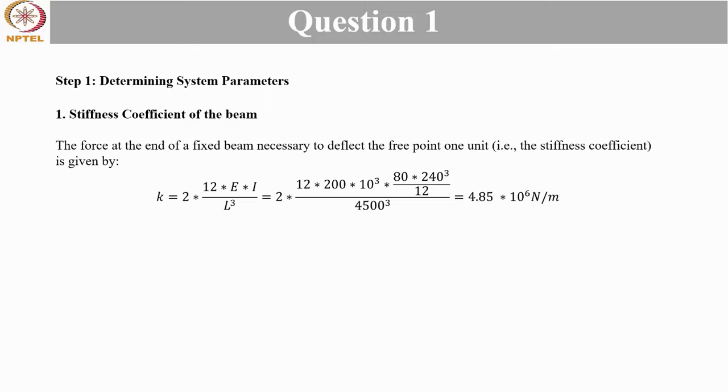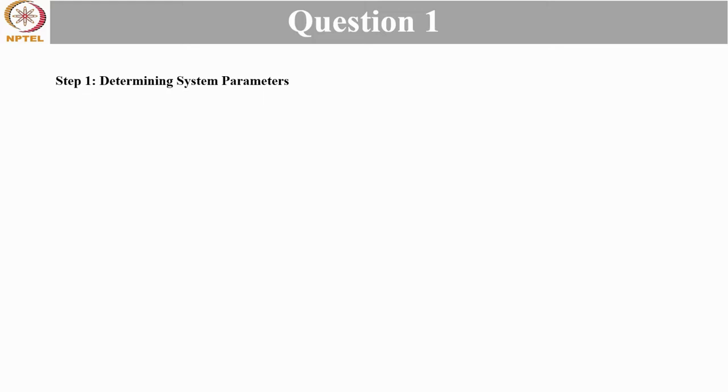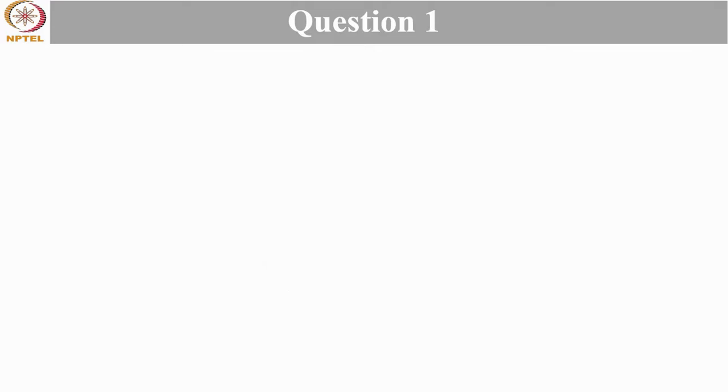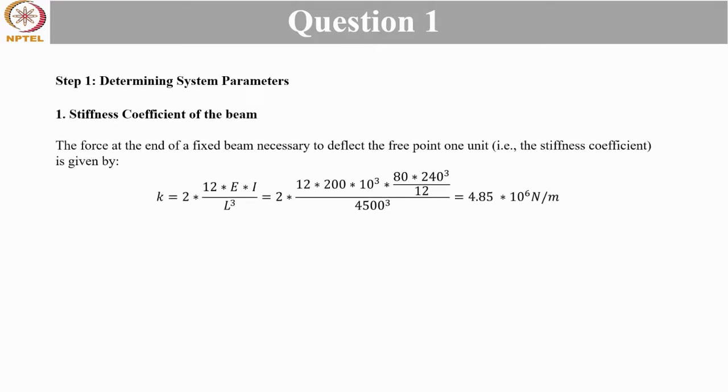We know the value of E, that is 200 gigapascal. So gigapascal will convert into megapascal. Megapascal is nothing but Newton per millimeter square. So it will be 12 into 200 into 10 to the power 3 into I, which is BD cube by 12. So we know the value of width and the depth of the column, 18 and 24 centimeters. So we'll convert them into millimeter.